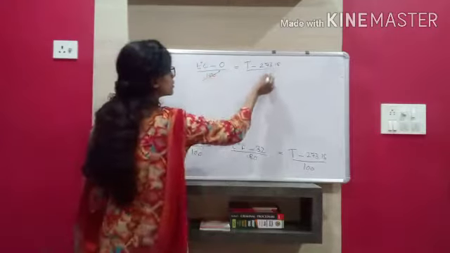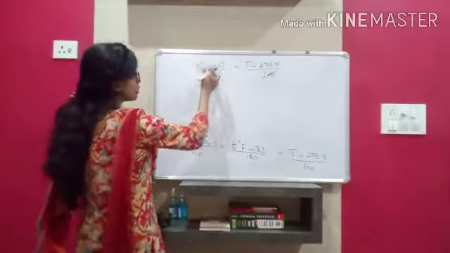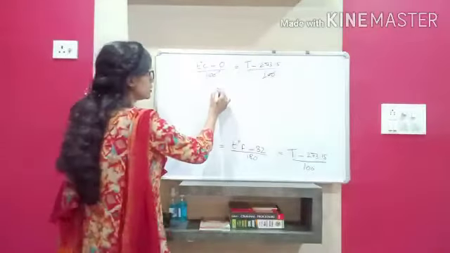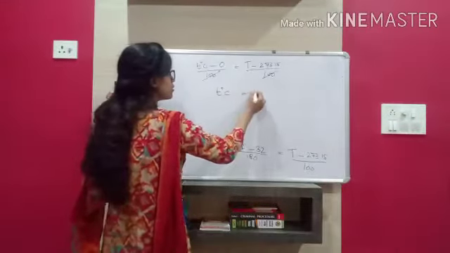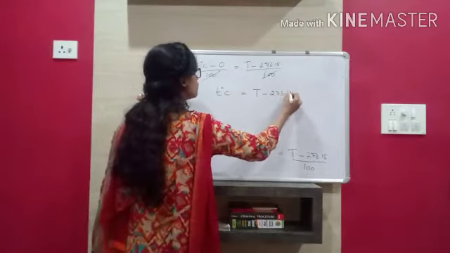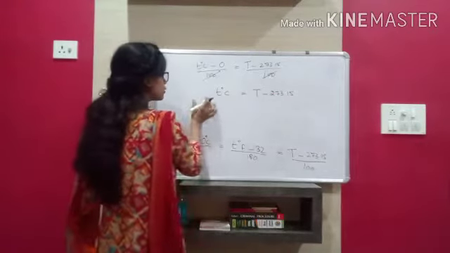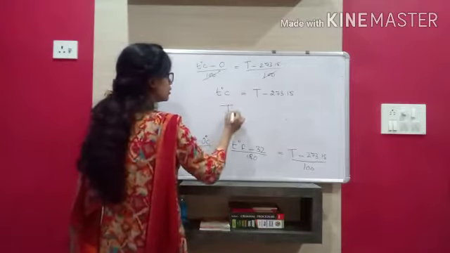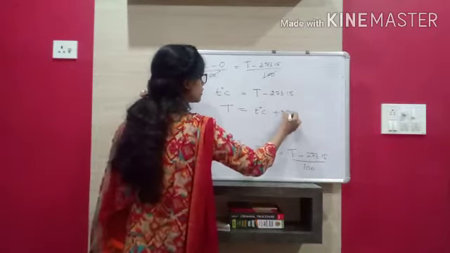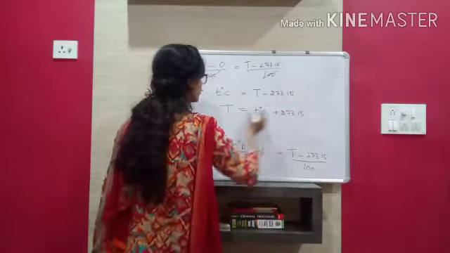Now this 100 and this 100 will cancel, and we have T degrees Celsius minus 0, which is simply T degrees Celsius, equals T minus 273.15. Or this can come to this side, and you will get T equals T degrees Celsius plus 273.15.